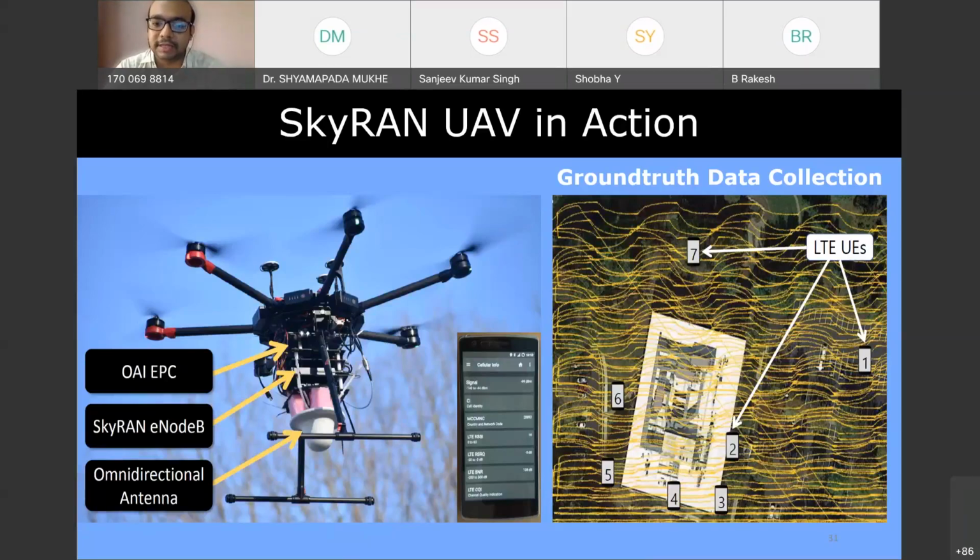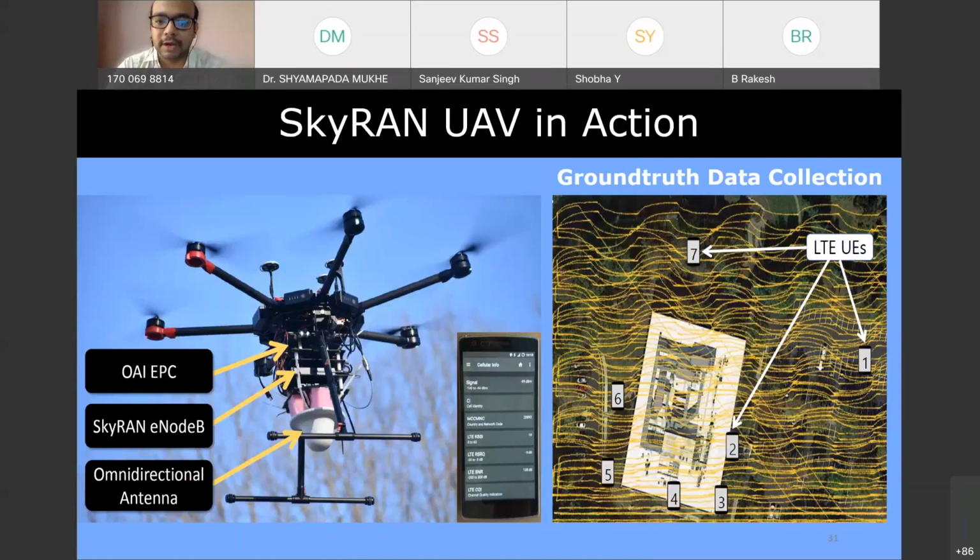If you can see, there is a screenshot I have shared. This mobile phone is actually connecting to the drone. It's not connecting to some other commercial network provider. It is connecting to our drone using this open source thing called OAI EPC, Open Air Interface.